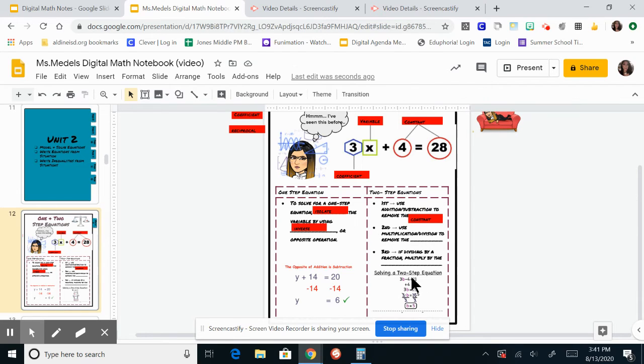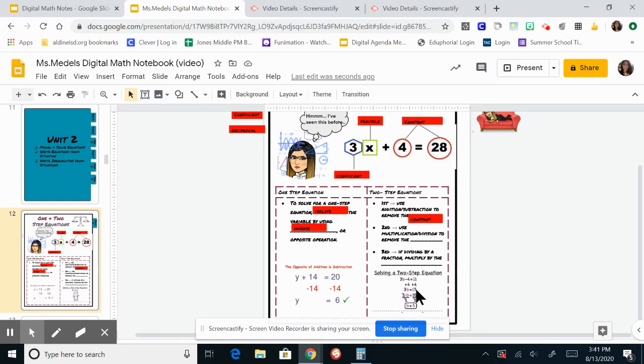So in my example, I have 3b minus 4 equals 11. So remember, we're going to use the inverse operation, or the opposite, to get rid of those constants. So instead of a minus 4, we are going to do a plus 4. And what we do to one side, you are definitely going to do to the other side. So my new equation becomes 3b is equal to 15.